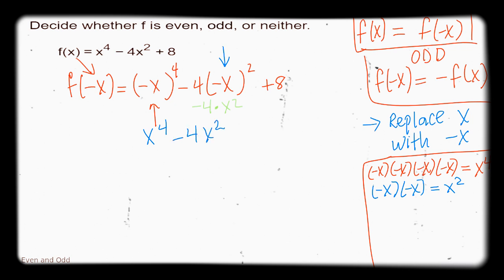You see that? When I raised negative x to the second power, I got x squared, and then I multiplied it by that negative 4. And plus 8. The 8 doesn't have an x, so it stays 8.